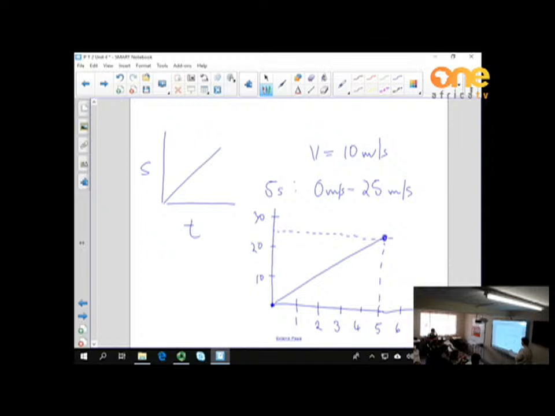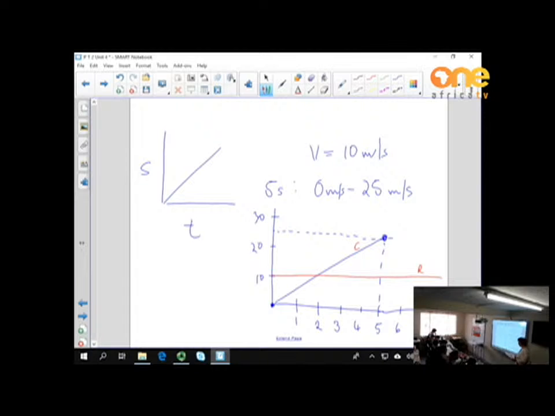Okay, the motion of the runner, he runs at 10 meters per second from the start of the race. So the runner goes there. Are you with me? All right. Now they say use a pen of different color for the second graph. Are you with me? This was the runner, and that was the car.